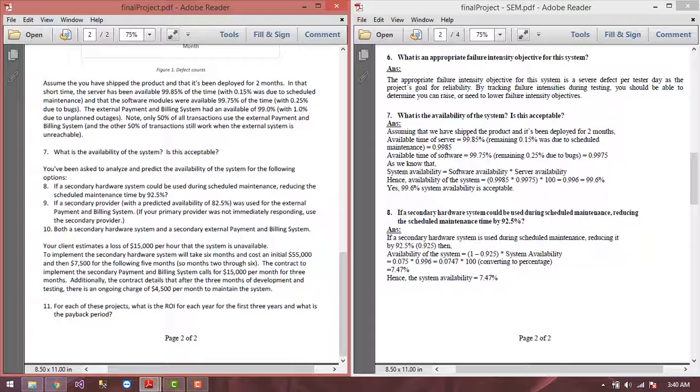The remaining 0.25% was due to bugs. The external payment and billing system was available 99% with 1% due to unplanned outages, and only 50% of all transactions use the external payment and billing system, and the other 50% still work when the external system was unreachable. So the seventh question was, what is the availability of the system and was this acceptable?